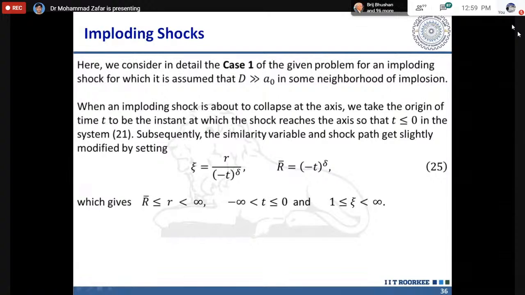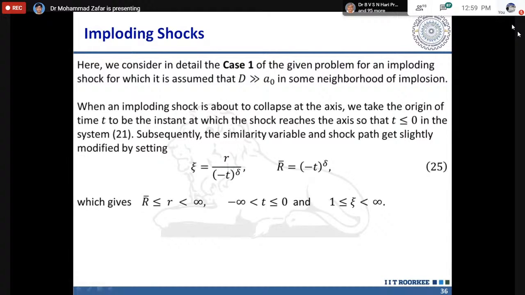It creates a shock, and this shock is moving towards the center, so this is the problem of imploding shocks. At the center, it creates a very large temperature and large pressure, so that can be used for fusion reactions, nuclear fusion reactions. So this is a very good application of imploding shocks.